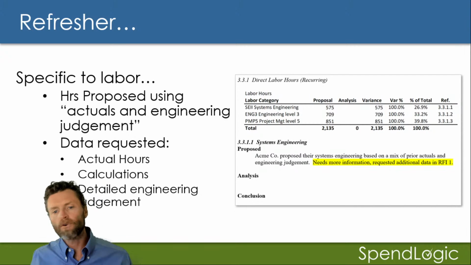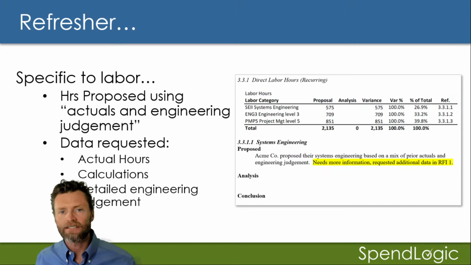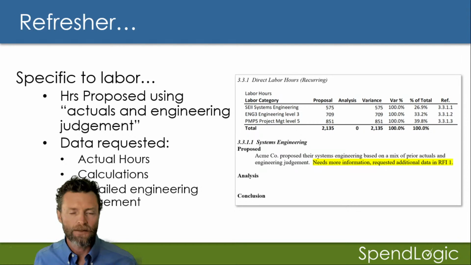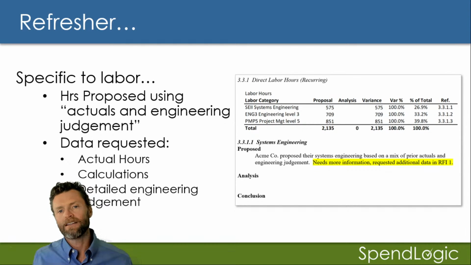So carrying forward from last time, where we left it with direct labor hours, specifically the supplier said, well, we proposed direct labor hours based on actuals and engineering judgment. And we said, okay, great, but we're going to need more information. So in RFI 1, we sent them a question and we said, listen, we're going to need to see what those actual hours are, what the calculations are, and this detailed engineering judgment that you used, whatever that might be, okay?